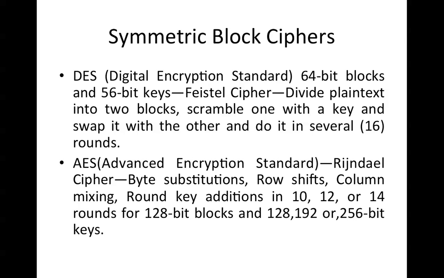It takes the plain text and divides it into two blocks, scrambles one of them with a key, and then swaps it with the other. If you do this in 16 rounds, you get your encrypted message. The process is such that you can go back at each step, and this invertible encryption is what people use to decrypt a DES block ciphered message.